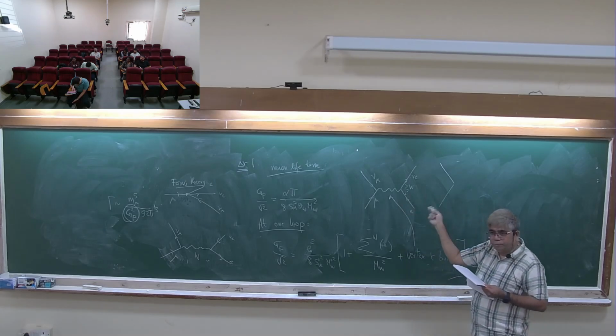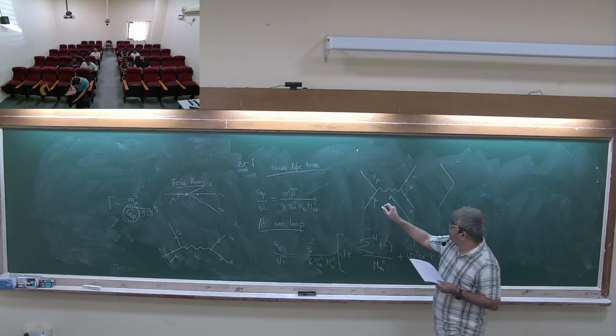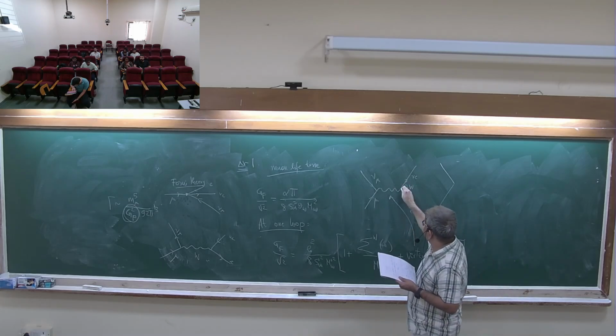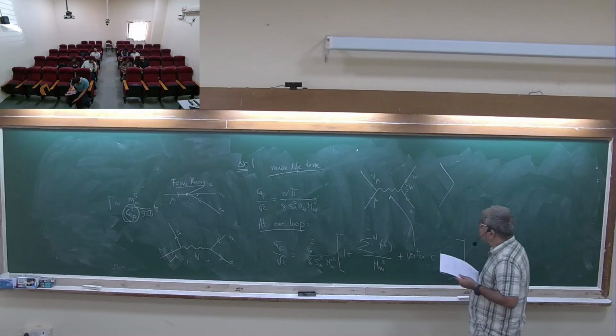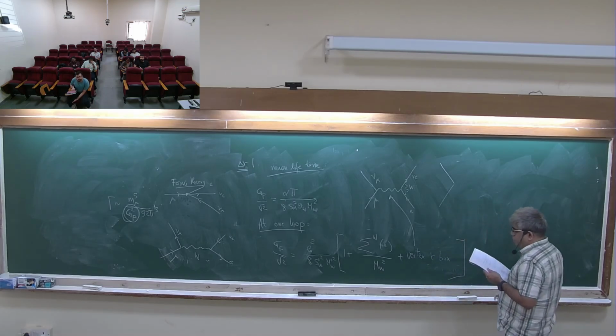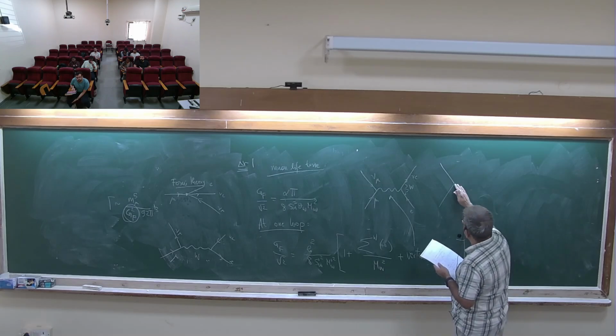So you have 1, 2, 3. What I'm saying, GF square.